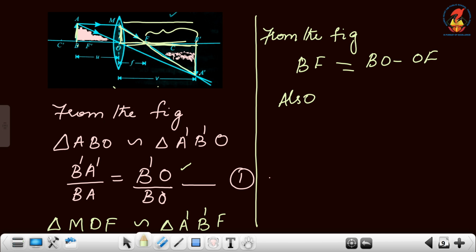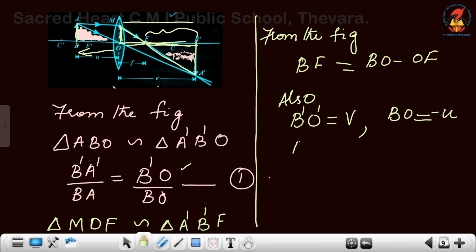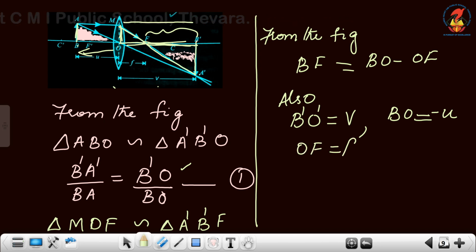Also, B dash O is what? V. BO is what? The object distance, and it is taken in the direction opposite to the direction of light. So it is minus U. And OF is the focal length F.